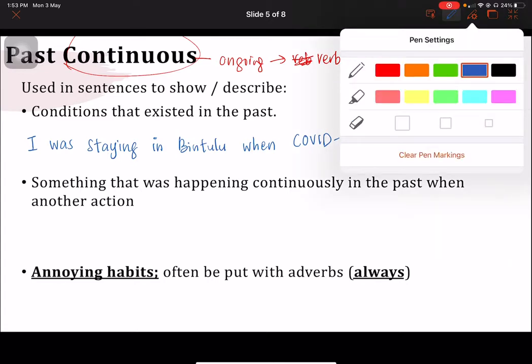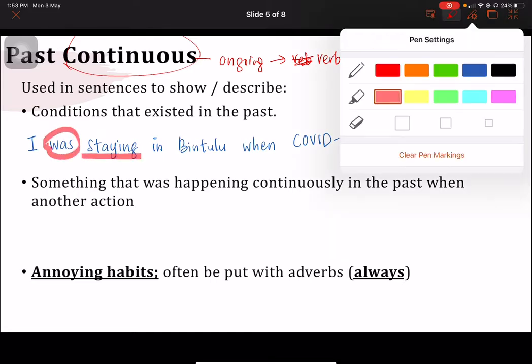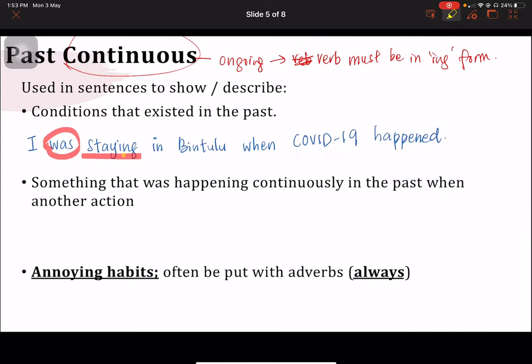So here I want you to take note: was staying. Remember that the verb must be in the ing form. Past continuous is also used to show or describe something that was happening continuously, ongoing, in the past when another action takes place.